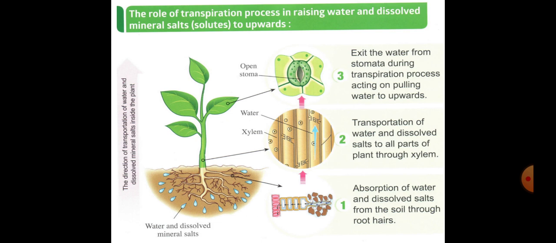Number two, transportation of the water and dissolved salts to all the parts of the plant through the xylem. Number three, exit of the water from the stomata during the transpiration process, which acts on pulling water upwards.